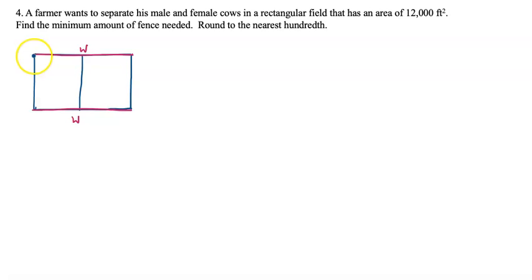And then I've got these shorter pieces of fence that I can call lengths. Okay, so I've got 3 lengths and 2 widths. Okay, so let's find our primary and our secondary equations.